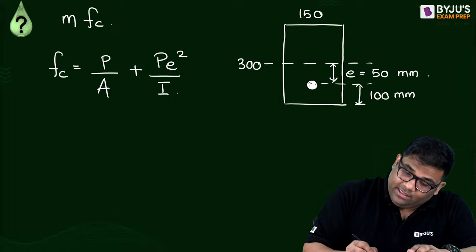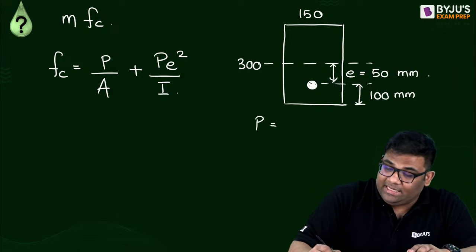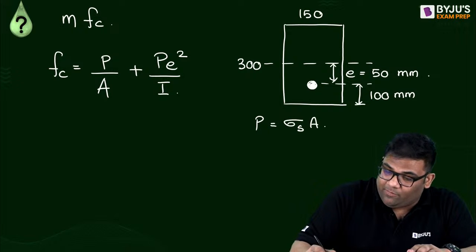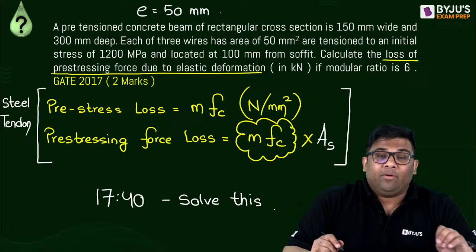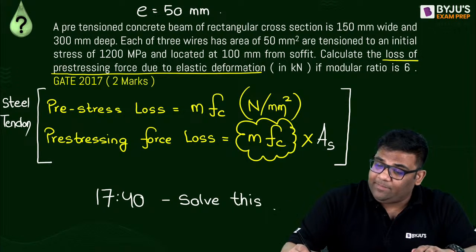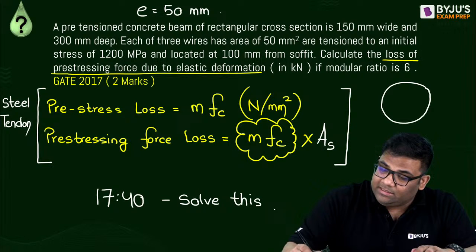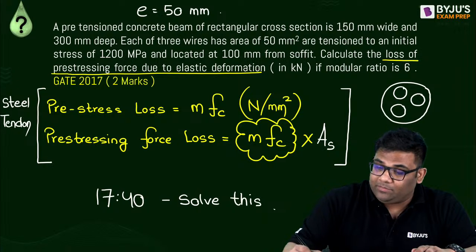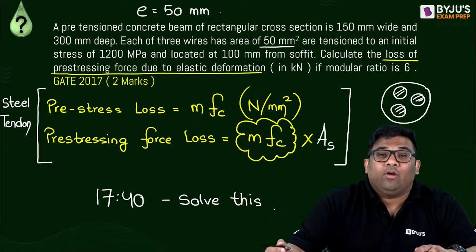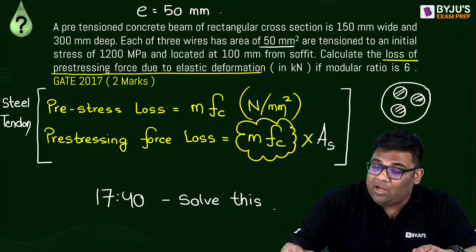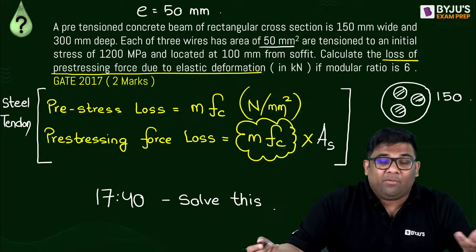Now what is P? P is the initial stress into the area of tendons. The tendon has 3 wires, 1, 2, 3, and each has an area of 50. So the total area will be 150.